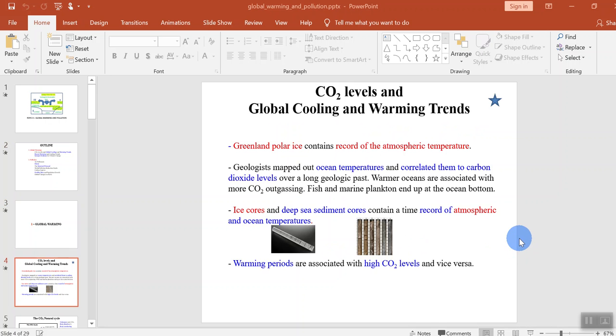So the first topic, global warming. We said that carbon dioxide levels and global cooling and warming trends go together. When CO2 levels go up, it's global warming. We said that the Greenland polar ice sheet contains a record of the atmospheric temperature, as well as CO2 levels in the atmosphere.